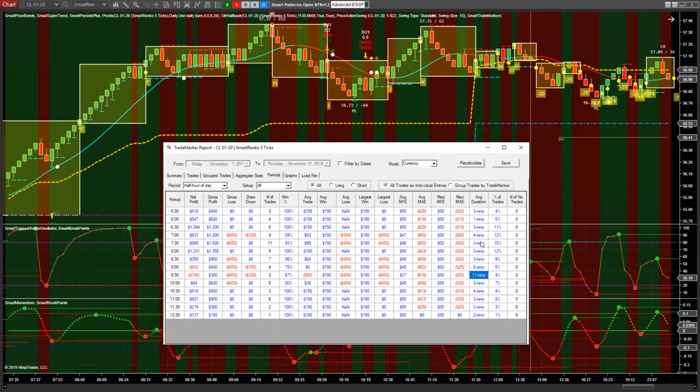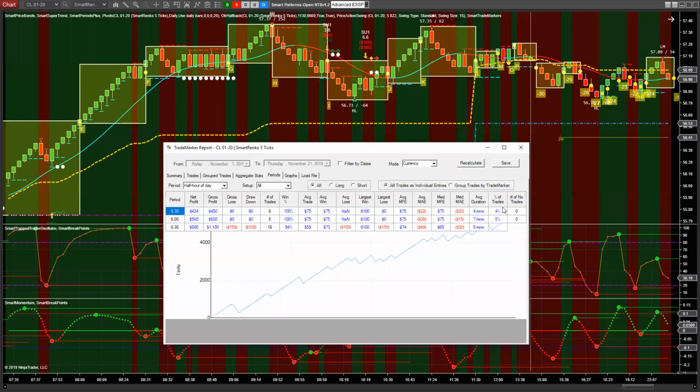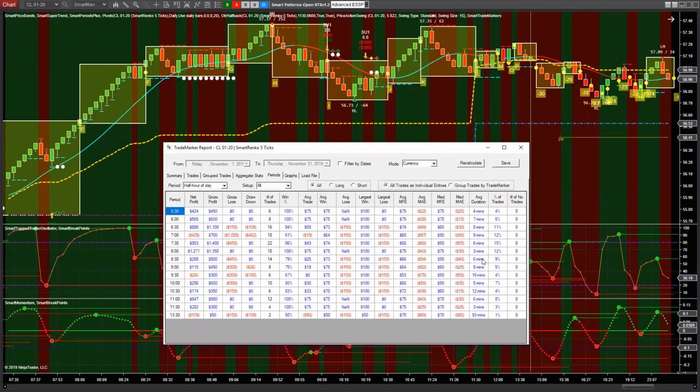During the early part of the day, 2-3 minutes a trade, sometimes 4 minutes. But if I go back here and I just make it 1 and 1, the time that I'm spending in my trades is more than doubling.